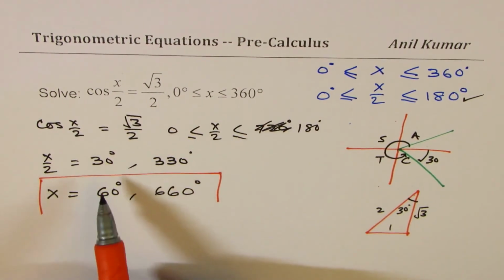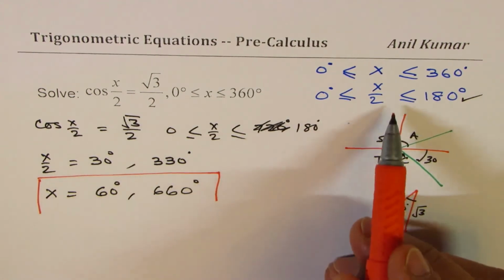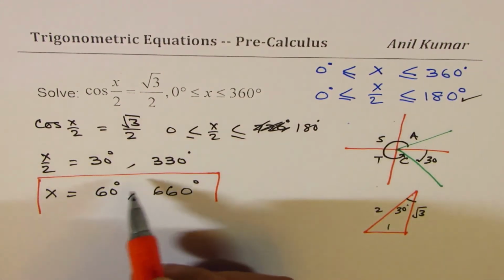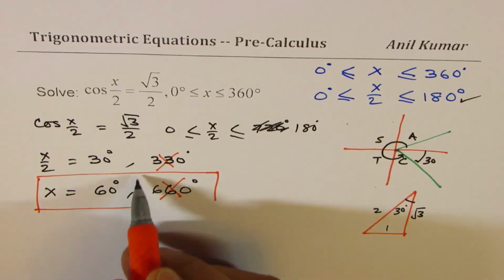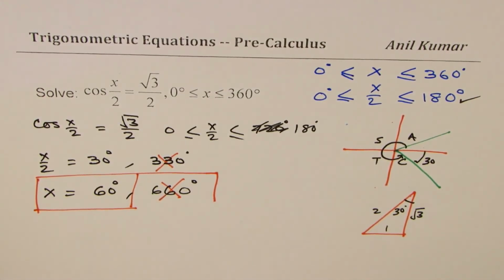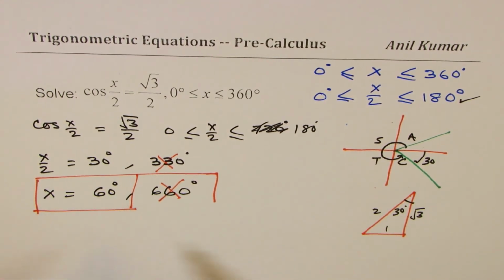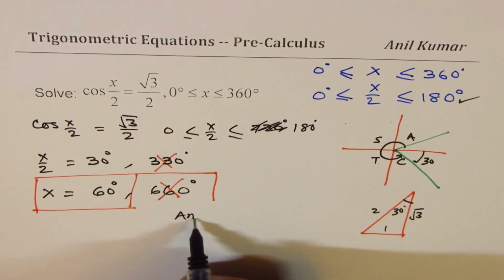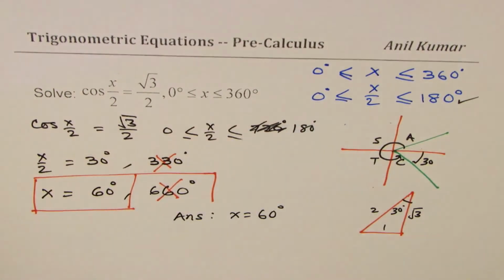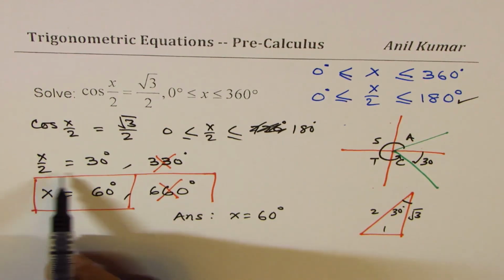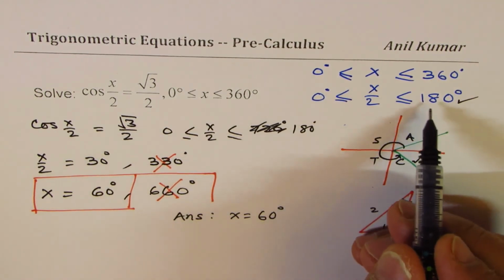I'm sorry, there is only one solution since we have to go only up to 180 degrees for x by 2, right? We cannot take this angle, right? So there is only one solution for the given situation, which is that x should be 60 degrees. So our answer is x equals 60 degrees, since we know we could have taken x by 2 only in 0 to 180.